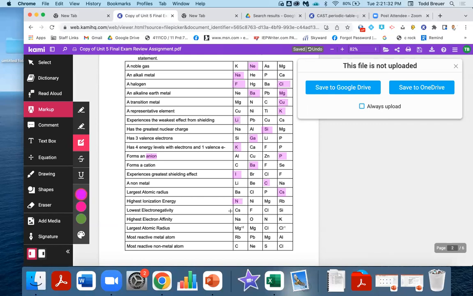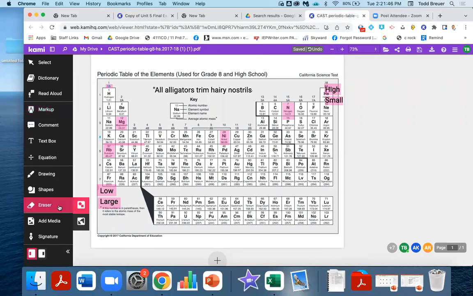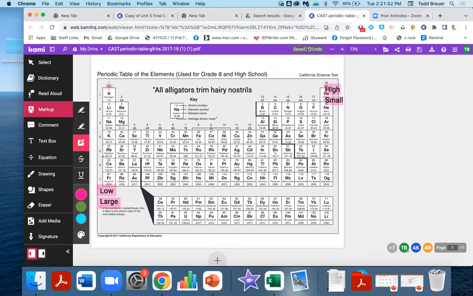Lowest electronegativity: cesium, fluorine, chlorine, silicon. Let's mark them. Clean it up a little bit and we'll mark them. Cesium, fluorine, what else was there?